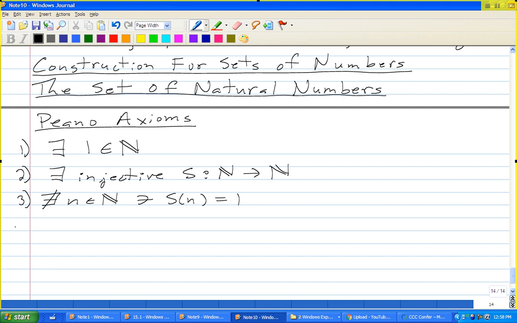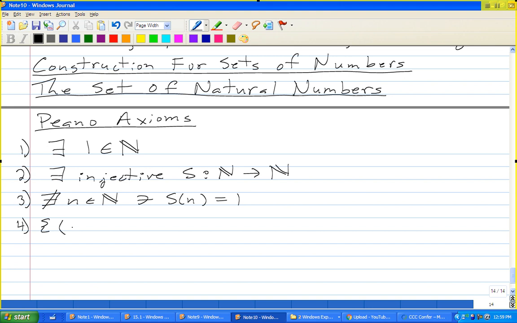And lastly, with just these 4 ideas, these 4 axioms, we can construct all the natural numbers. So the last axiom is the mathematical induction axiom.